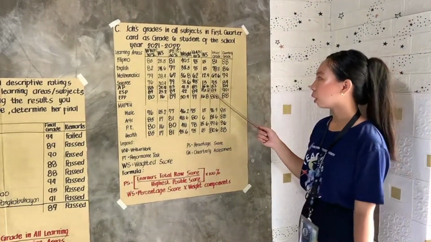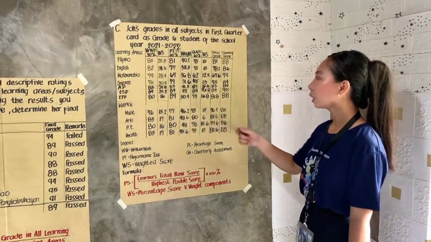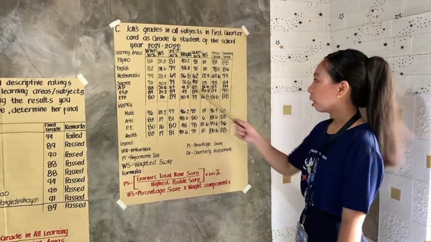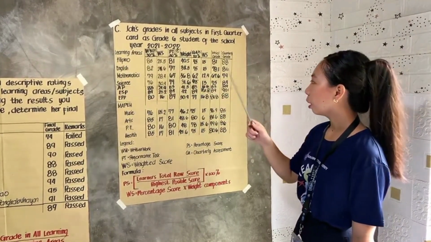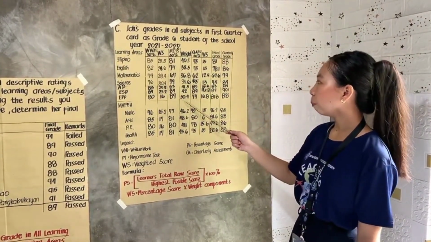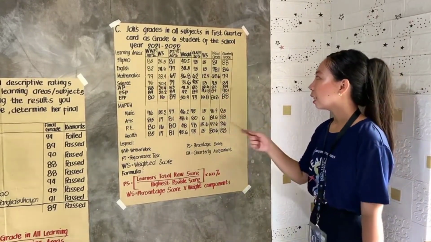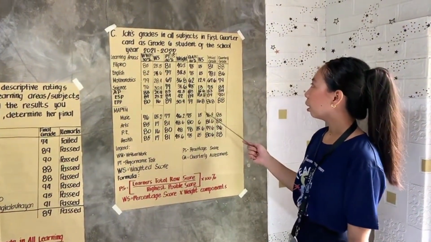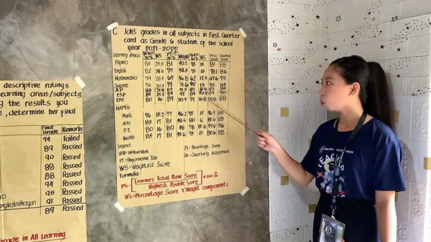So total, that will be 84. And in Edukasyong Pantahanan, he got 16 weighted score in written work, 50.4 weighted score in performance task, 16.8 weighted score in quarterly assessment. So that would be 81.8.